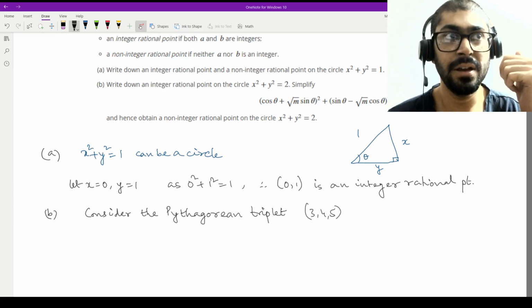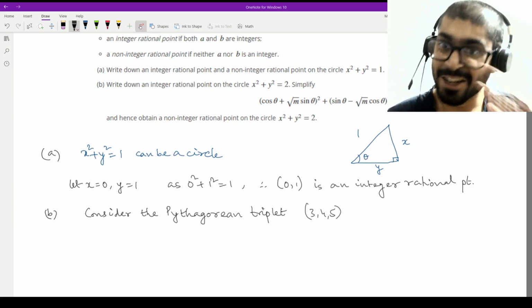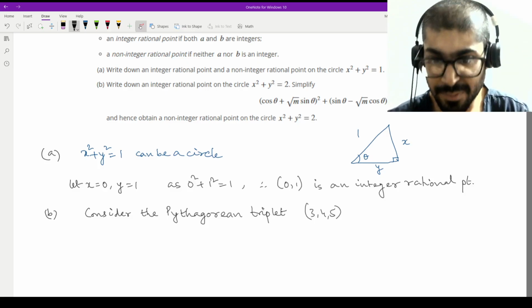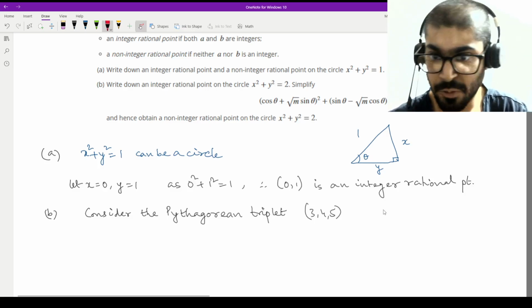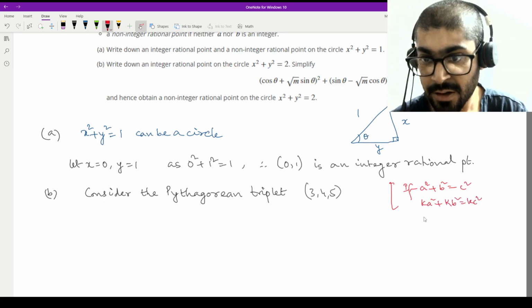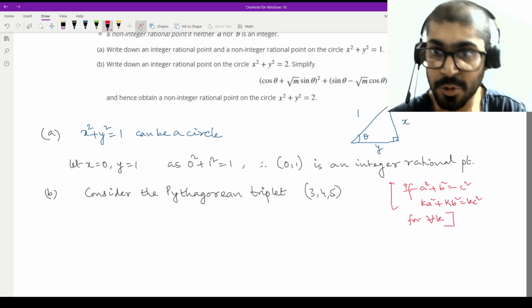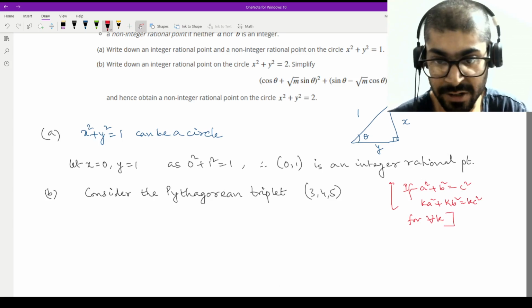Now we usually think in terms of integer multiples, but any rational multiples also work. You know the logic hopefully, because if a square plus b square equal to c square, then ka square plus kb square will be equal to kc square for all k, right? Any multiple that you attach to the Pythagorean triplet will give you another Pythagorean triplet.